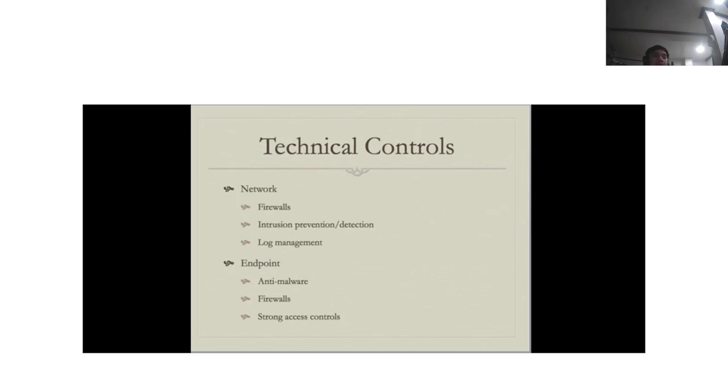So each technical control should be supported by prevention, detection, and response capabilities, either within itself or from other controls. So technical controls, for example for the network, we should have firewalls, intrusion prevention, detection, and log management.